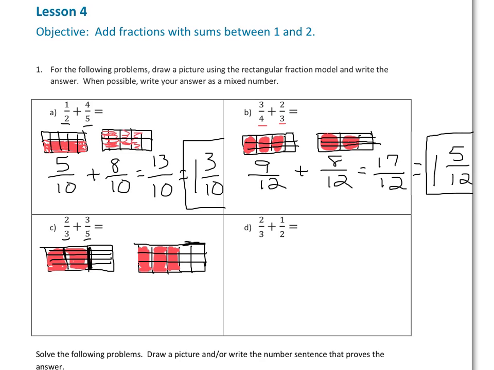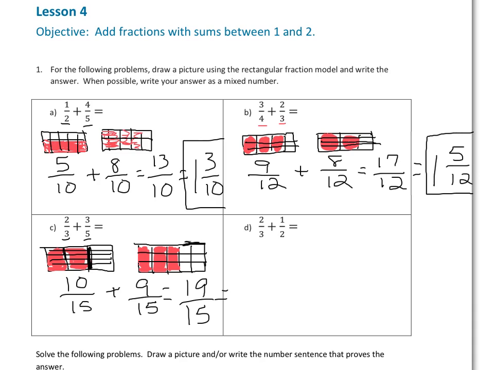Now I need to count the shaded pieces. In 2/3, I can see that 10 out of the 15 are shaded, and on what was originally 3/5, I see that 9 of 15 are shaded. 10 plus 9 is 19 over 15.